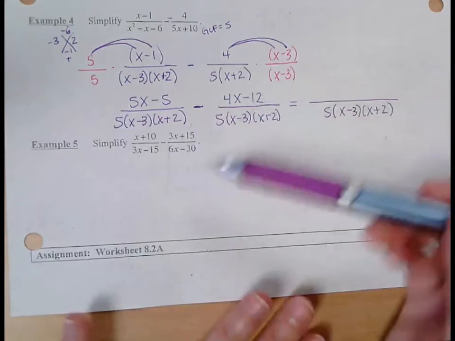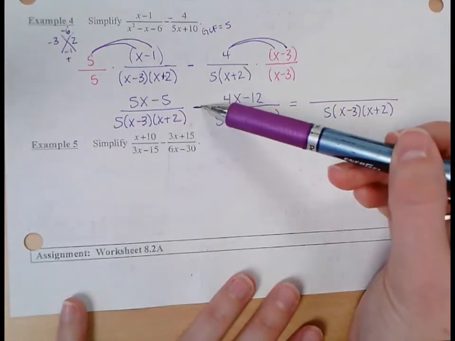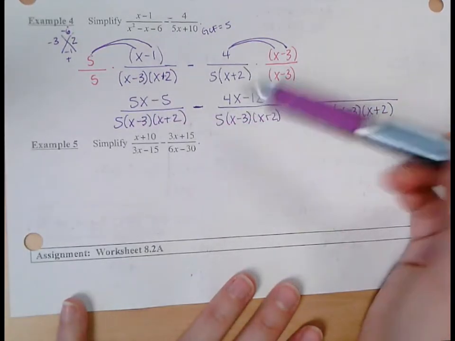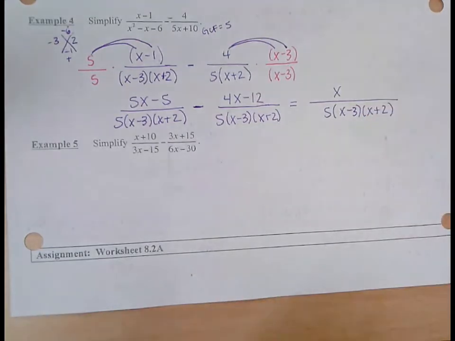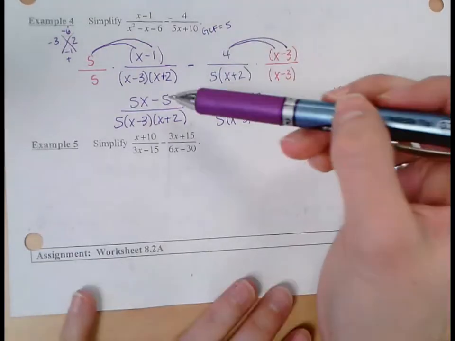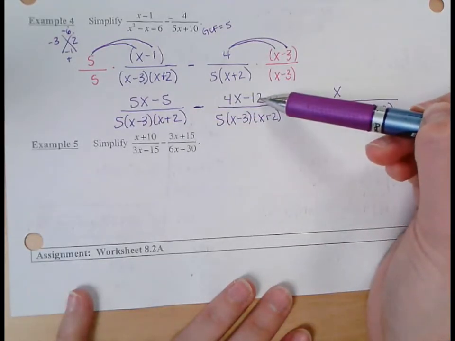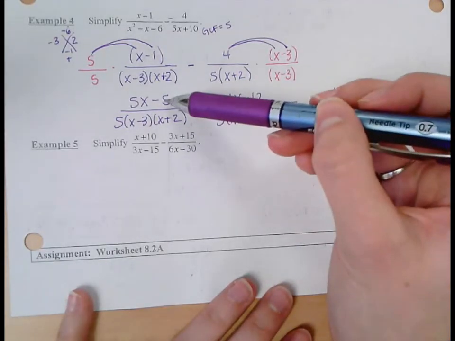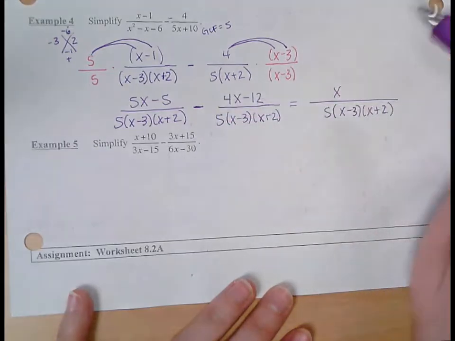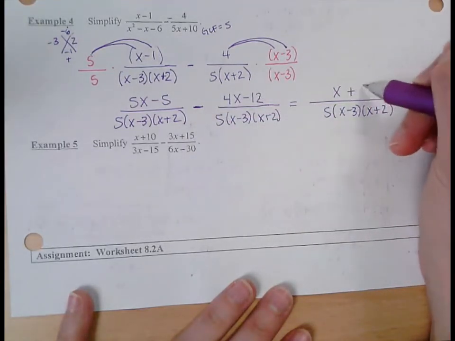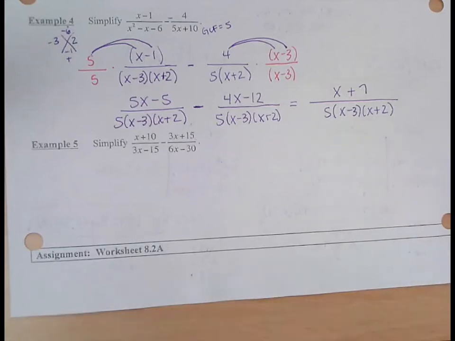So along the top, I'm going to have 5x minus 4x, because they're like terms, so I would just have 1x or just x. And then I have negative 5 minus negative 12. So that's really negative 5 plus 12. So I then would have a positive 7. So I have an x plus 7 on the top.